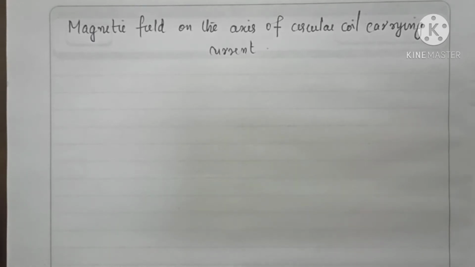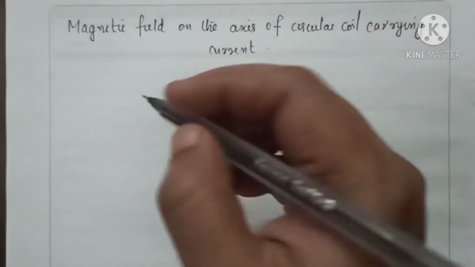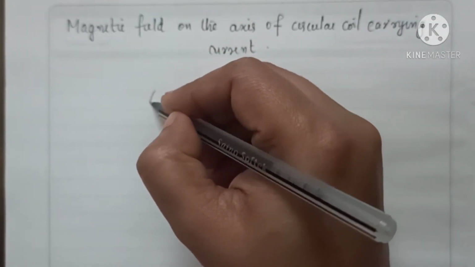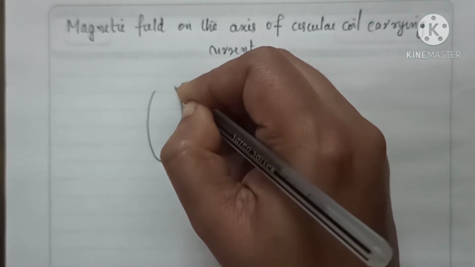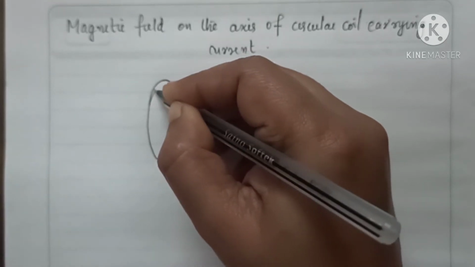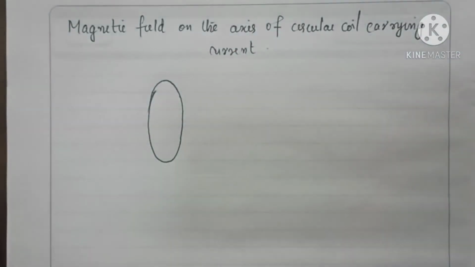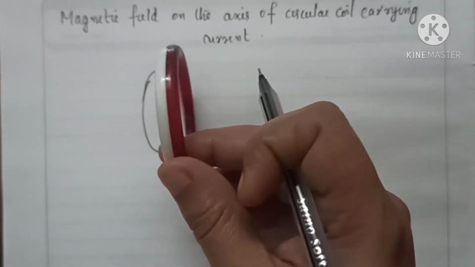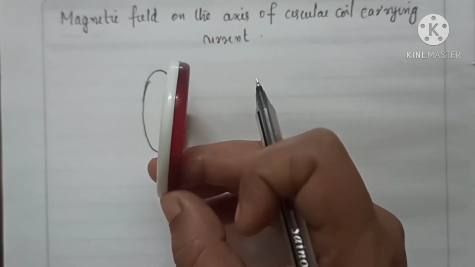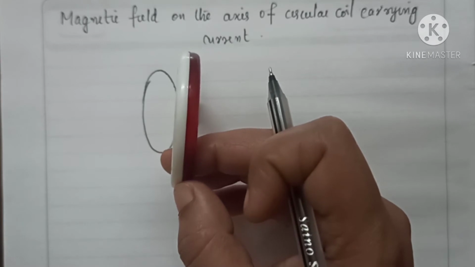So we can consider a circular coil like this. You have to imagine like this, okay? It's in 3 dimensions. In this way it is placed. The circular coil is placed like this, okay?